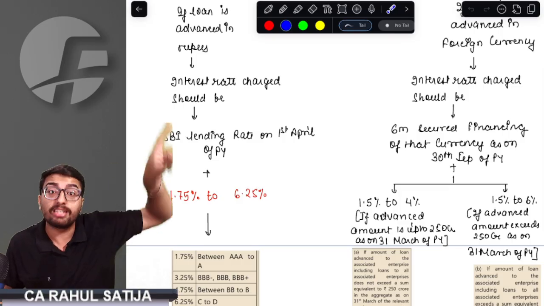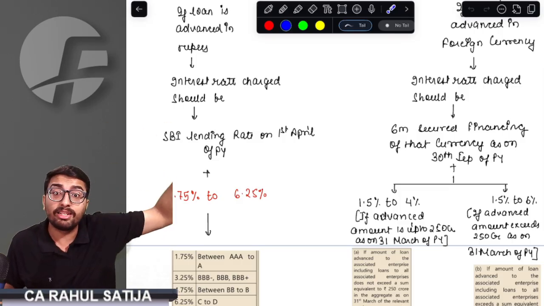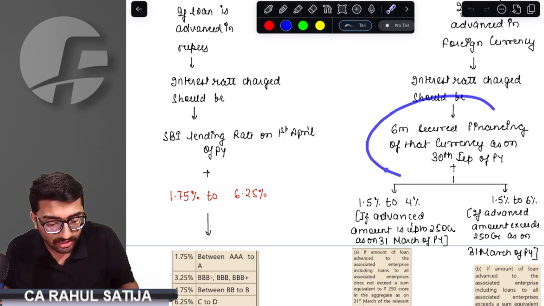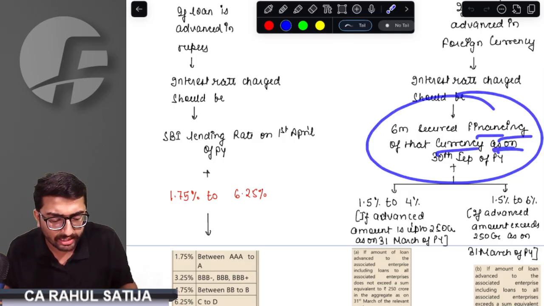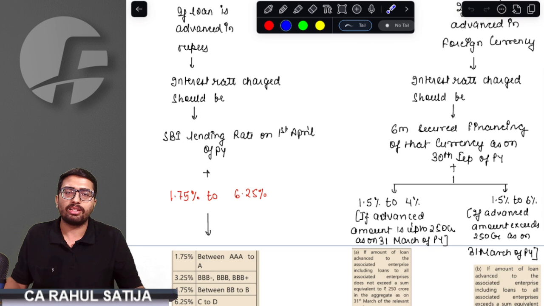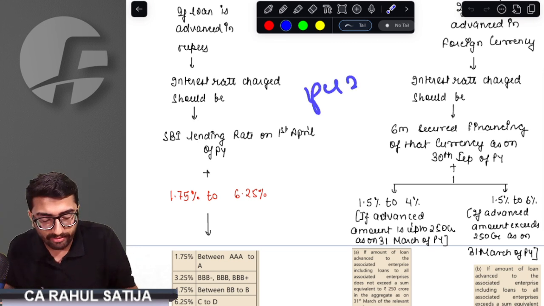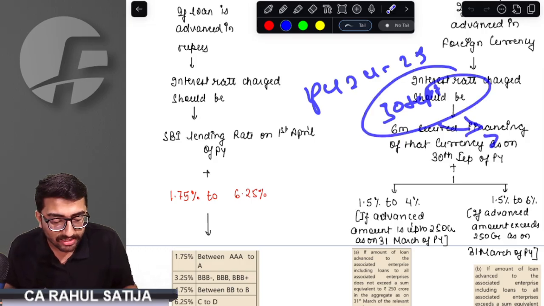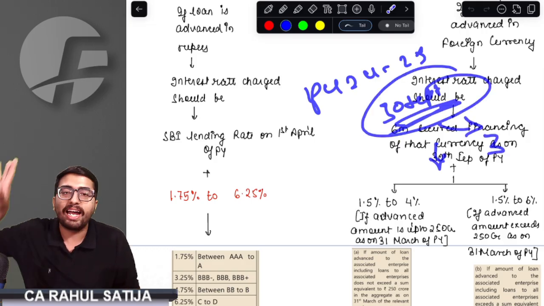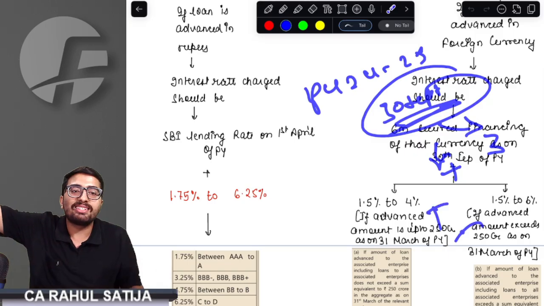The 6 months LIBOR rate we have to charge if the transaction is in foreign currency. Similarly, the 6 months secured financing rate of the foreign currency as on 30th September of the previous year. For example, if you are charging interest for previous year 24-25, then whatever the lending rate of that currency is on 30th September will be charged plus something.